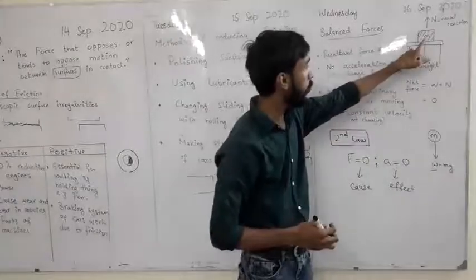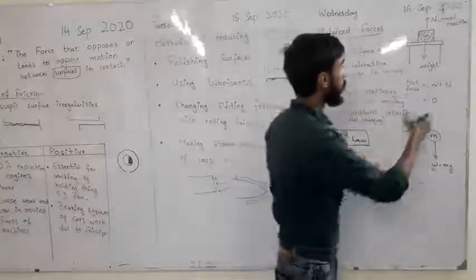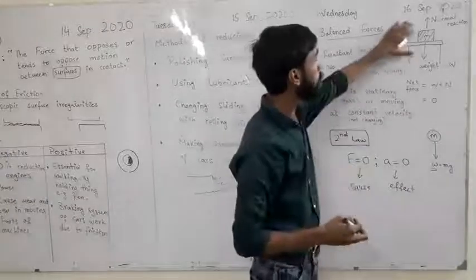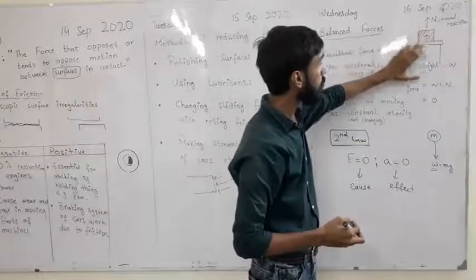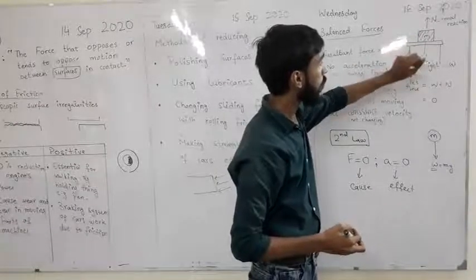So this block with mass m has a weight w, but this block is not moving downward because it is placed upon our table.